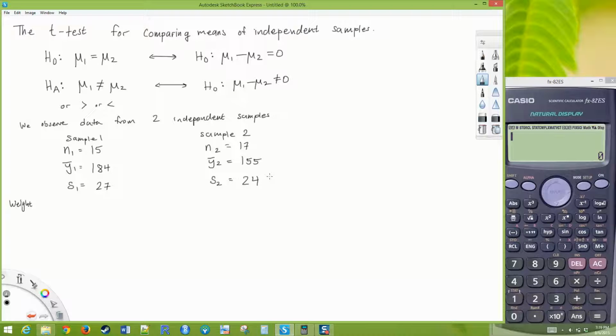I don't know what the mean weight of men and women in the United States are, but let's just say this is what we have. Okay, so sample 1 we'll say men USA, and sample 2 women also USA. Adults, and we're measuring the weight.